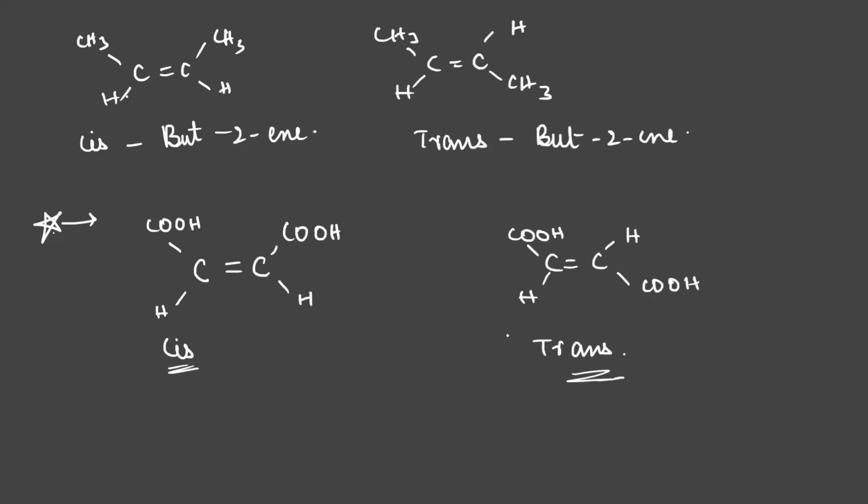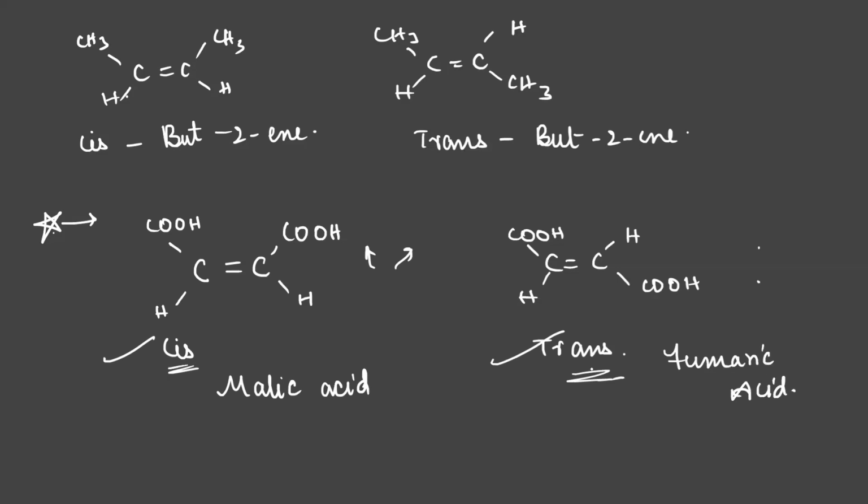Now you can clearly see here, the two groups are on the same side according to our convention, so it is a cis compound. Here they are on opposite sides, so it became a trans compound. Now this compound is called maleic acid, and this compound here is called fumaric acid.